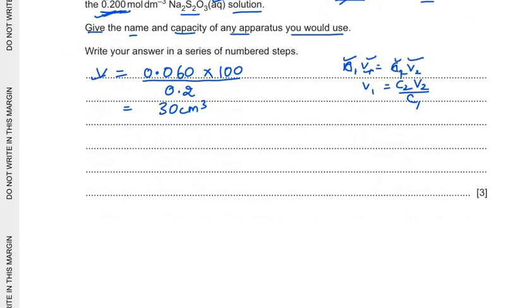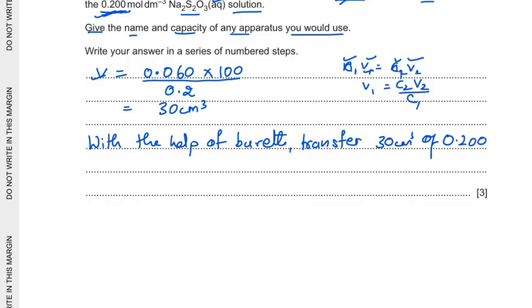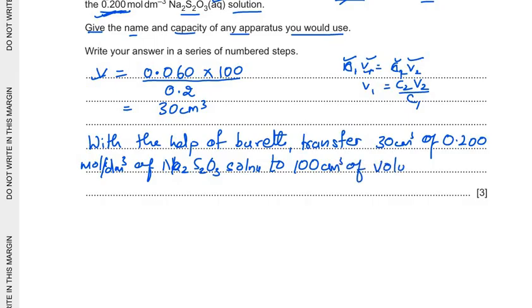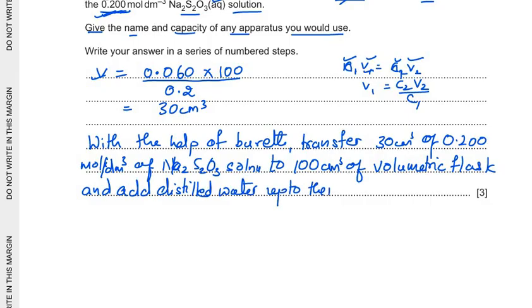Now if we are going to use 30 centimeter cube of the solution, then with the help of a burette, and I'm specifying burette, transfer 30 centimeter cube of 0.2 moles per dm cube of sodium thiosulfate solution to a 100 centimeter cube volumetric flask and add distilled water up to the mark and shake well.